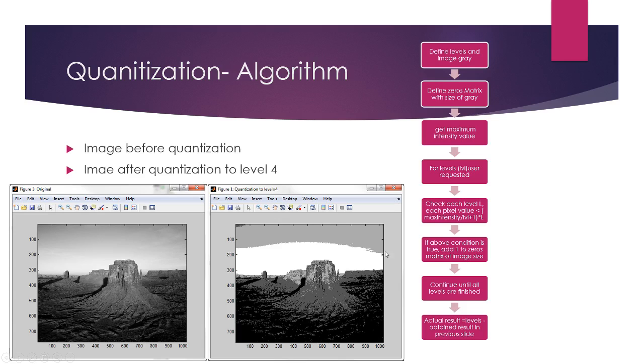So here is the output image, the original image that I've taken to quantize into level 4. You can see my maximum is 3 and minimum is 0. And here I'm defining 4 levels from 0 to 3.